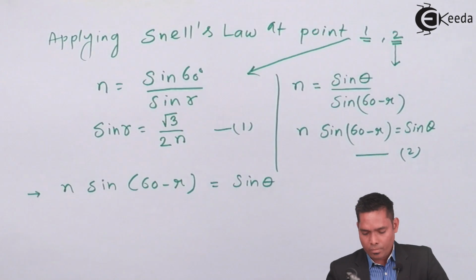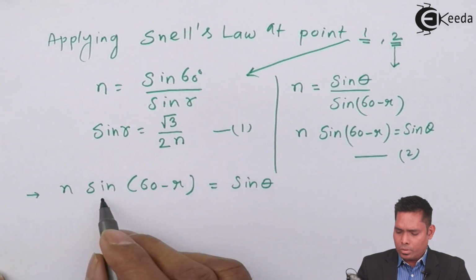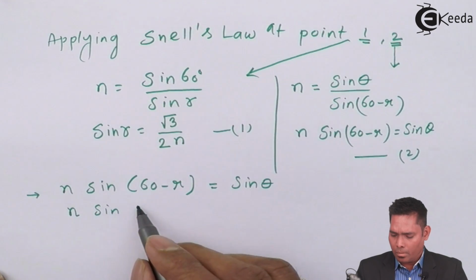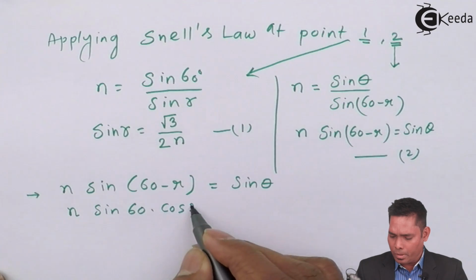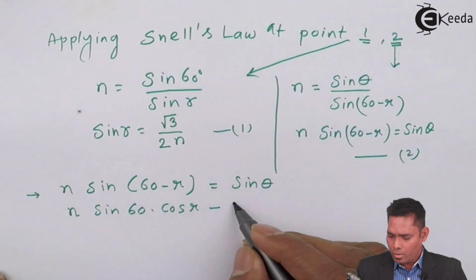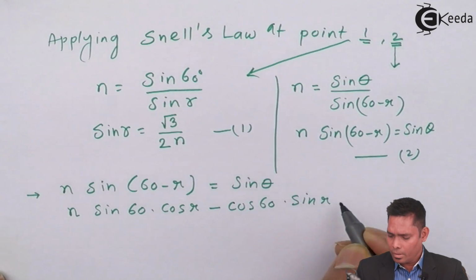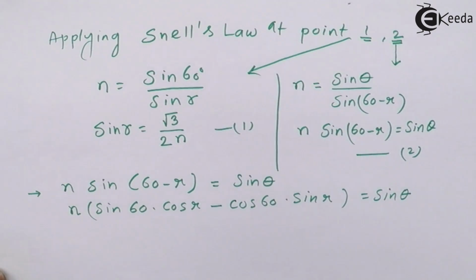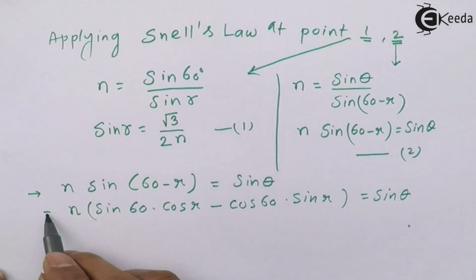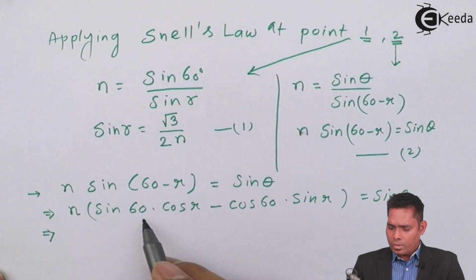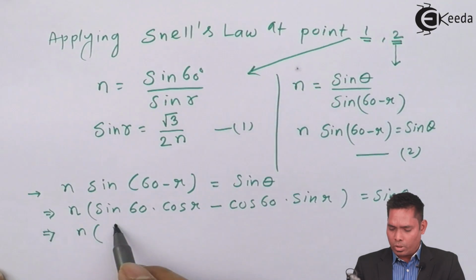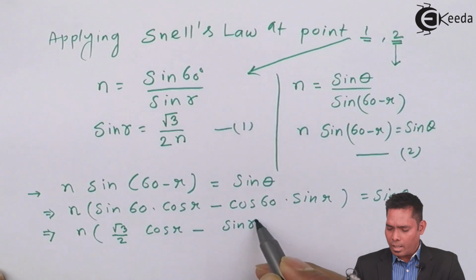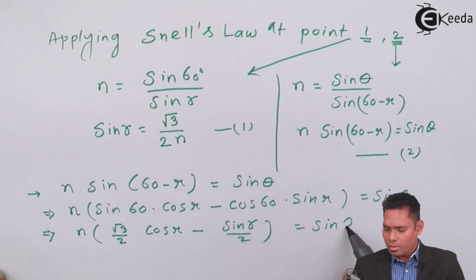So n times sine 60 cos r minus cos 60 sine r is sine theta. I know sine 60 is root 3 over 2, and cos 60 is half, so it is n times root 3 over 2 cos r minus sine r divided by 2, equals sine theta.